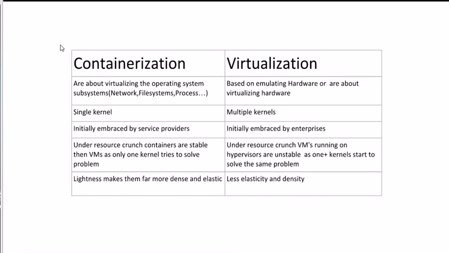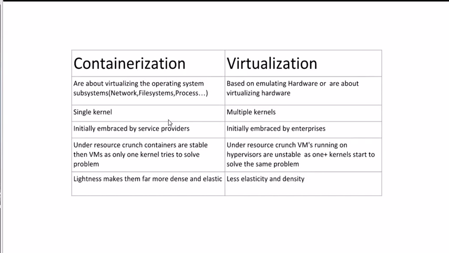Let's try to understand more about containers by comparing them with virtual machines, which are already well understood. This is a table which displays the comparison between both. Containers are about virtualizing the operating system and its subsystems like network, file systems, processes. Virtualization is based on emulating hardware, or virtualizing hardware.